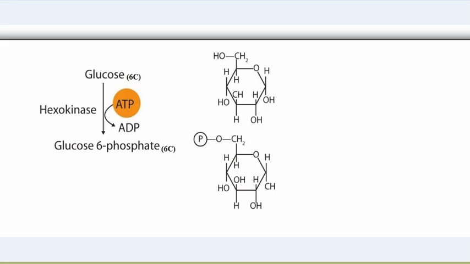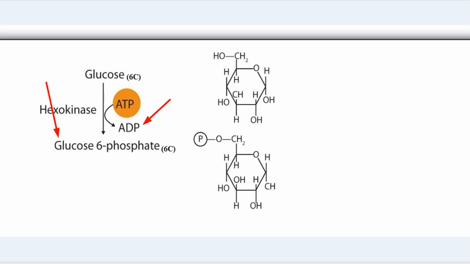It came from ATP, adenosine triphosphate. That phosphate is freed from ATP, and ATP is converted into ADP plus inorganic phosphate. That inorganic phosphate is joined with glucose by the enzyme hexokinase, and it is converted into glucose 6-phosphate.